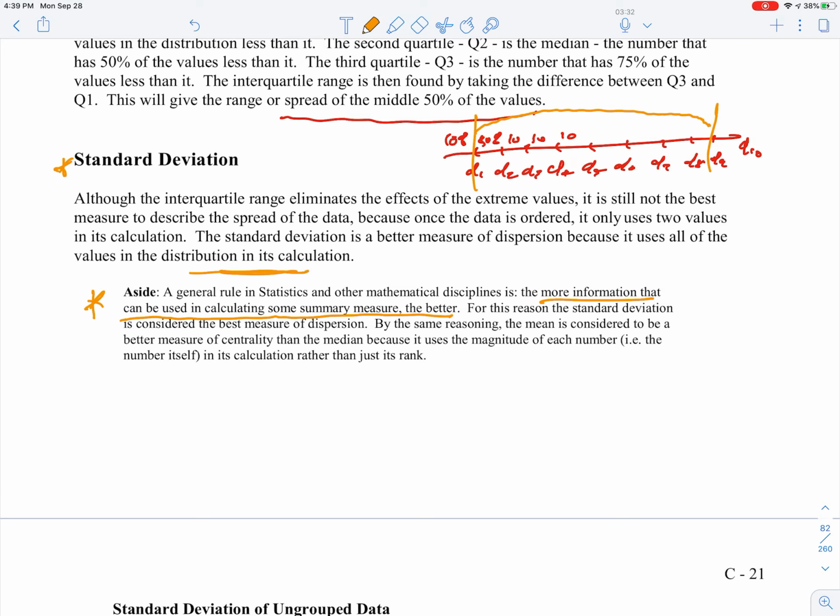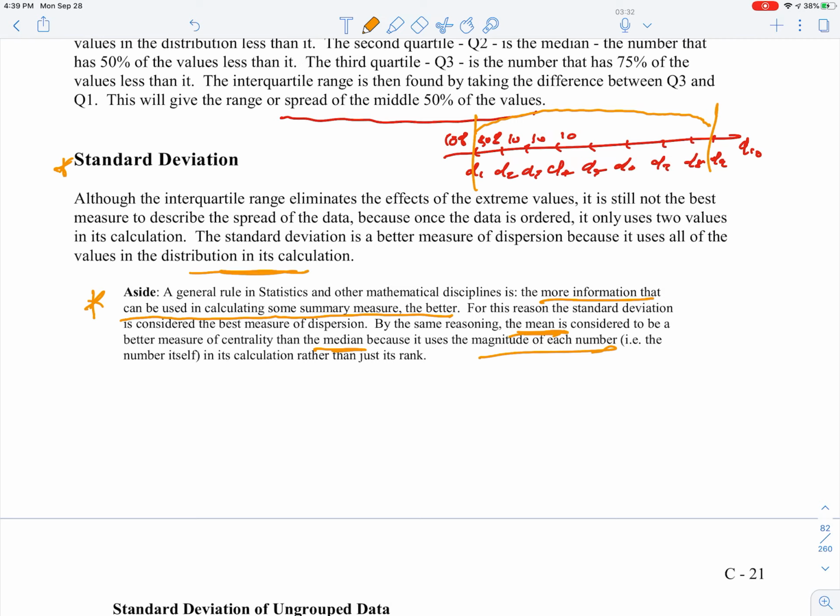By the same reasoning, the mean is considered to be a better measure of centrality than the median because it uses the magnitude of each value, the actual value, rather than just its rank or its location. The problem, of course, is that it is skewed by outliers. Think of the average income when you've got Bill Gates in your class.